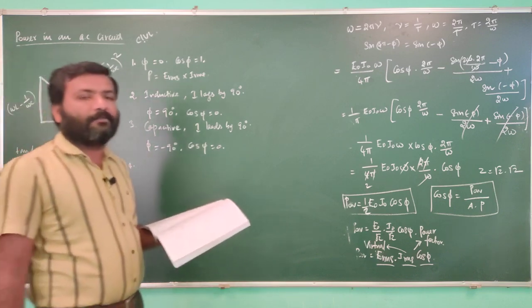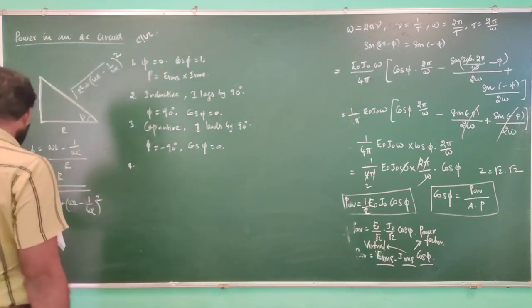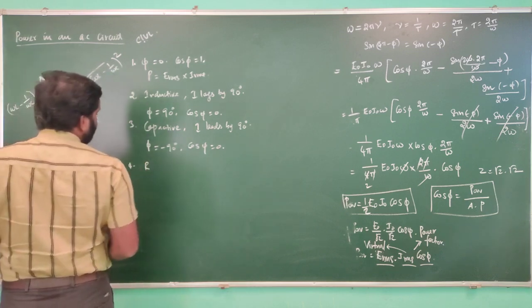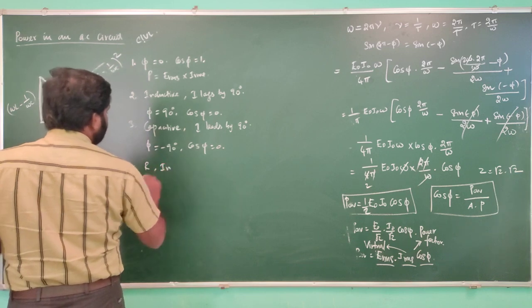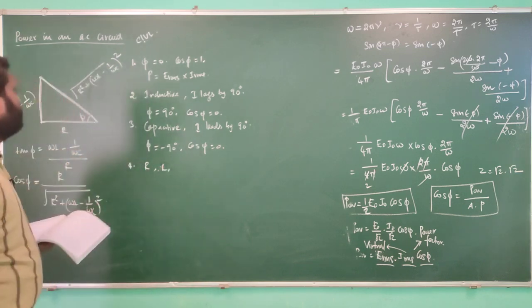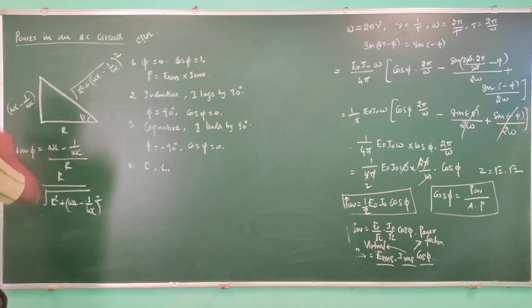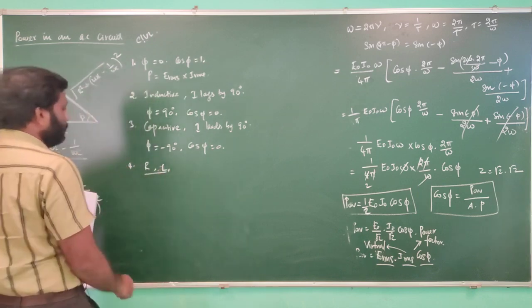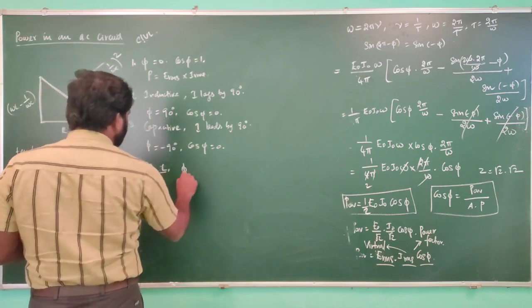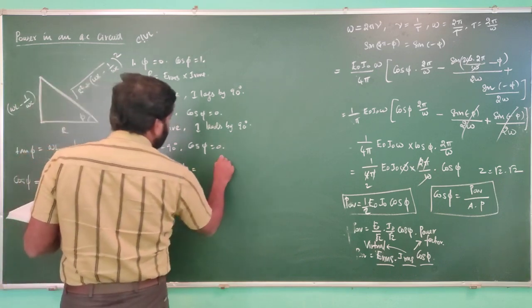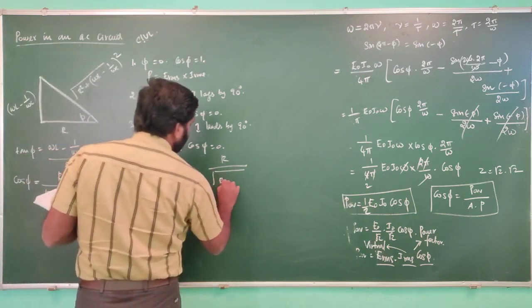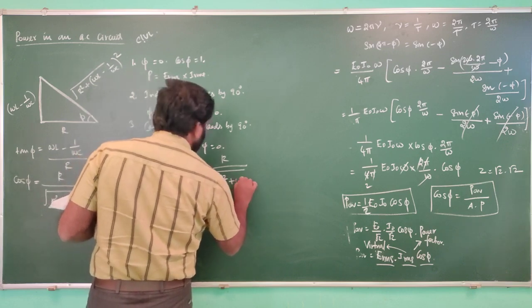A circuit consisting of capacitive and inductive components, or if a circuit consists of a resistance and inductance in series, in that case the capacitive component will not be present. Then cos phi is equal to R by square root of R square plus omega square L square.